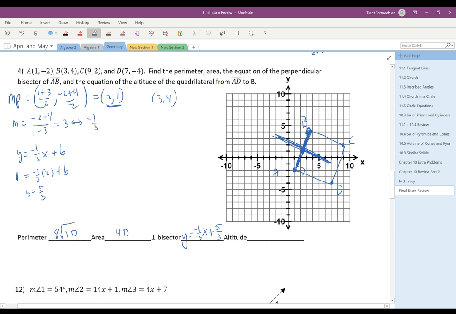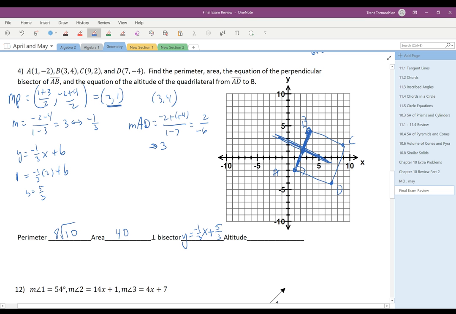But it needs to be an altitude, and an altitude always hits the opposite line at a right angle. So we just need to find the slope of AD, and then take the negative reciprocal. The slope of AD is going to be (-2 minus -4) over (1 minus 7), and that turns out to be 2 over -6, or -1/3. The negative reciprocal of that is 3.